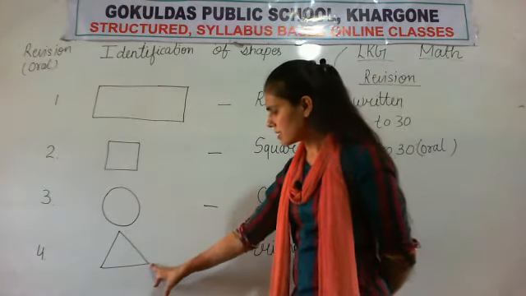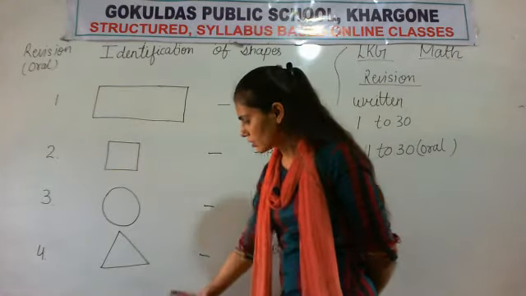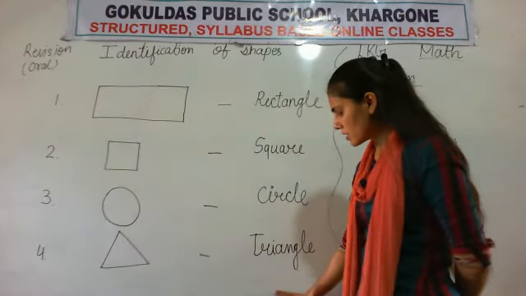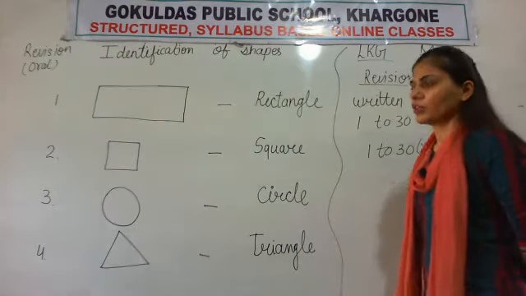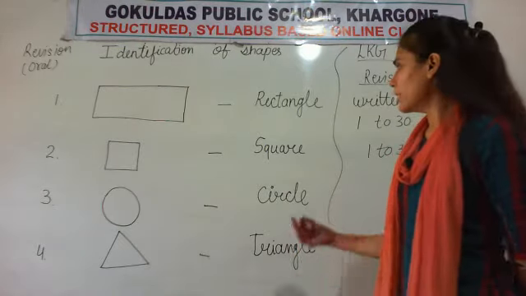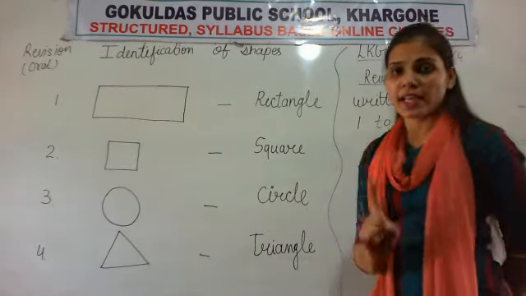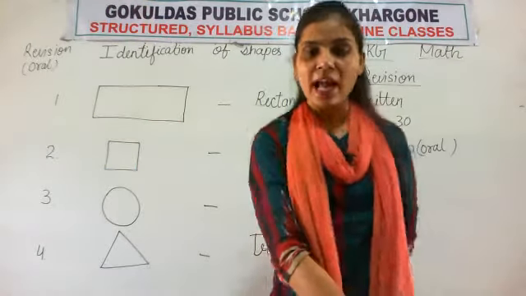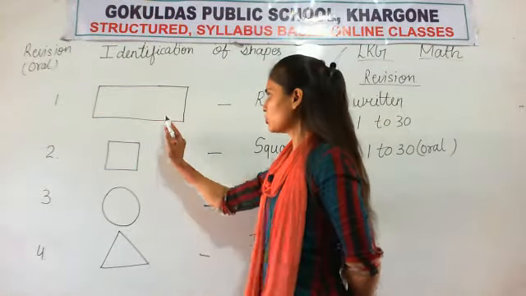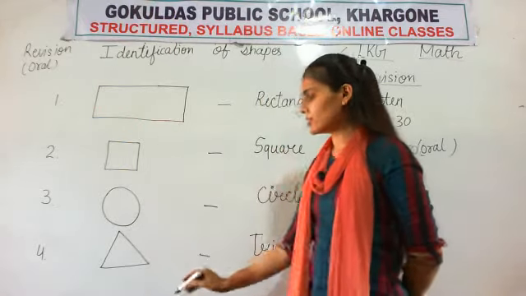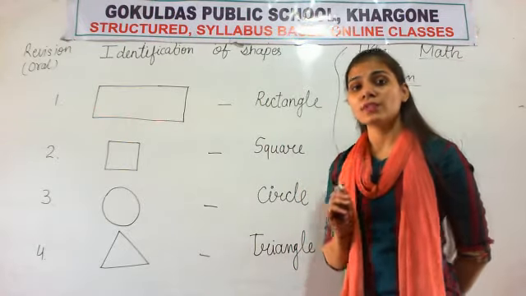Okay, this is triangle. So identification of shapes is like, okay, you don't say only rectangle, square. Okay, you say full sentence, and give your shape all like this. So you say the full sentence.